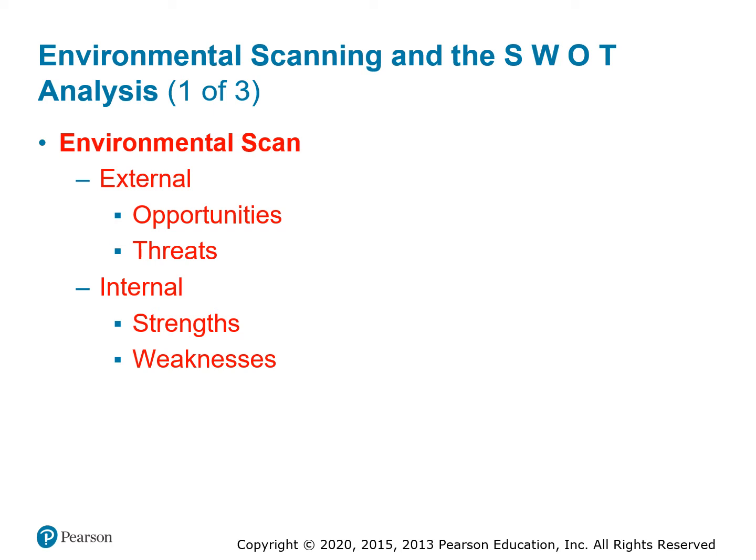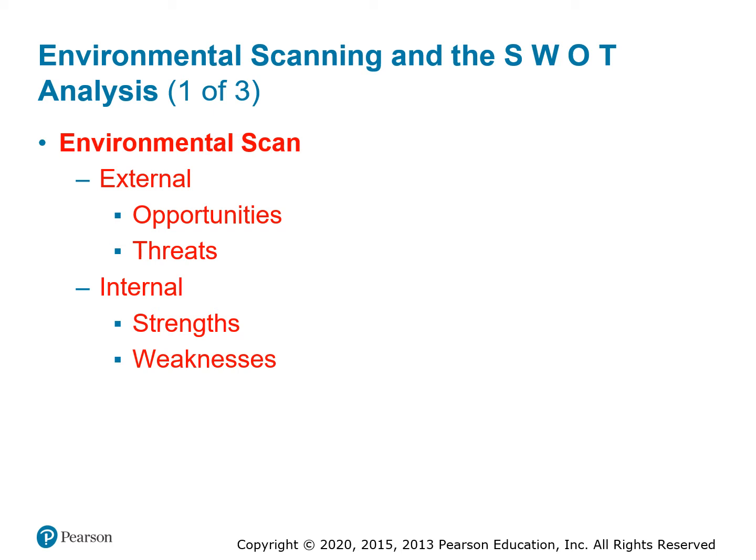The SWOT analysis is a strategic planning technique that determines a firm's strengths, weaknesses, opportunities, and threats in the face of the firm's competition and/or project planning. Strengths and weaknesses are internal to a firm.